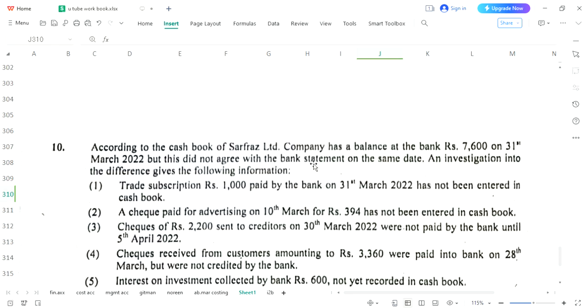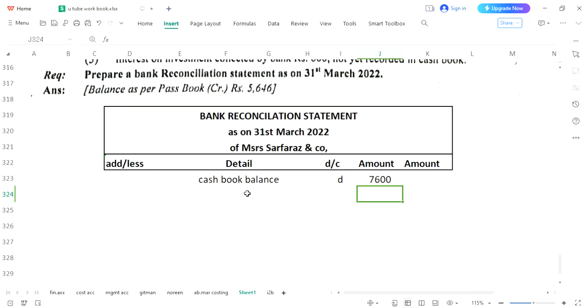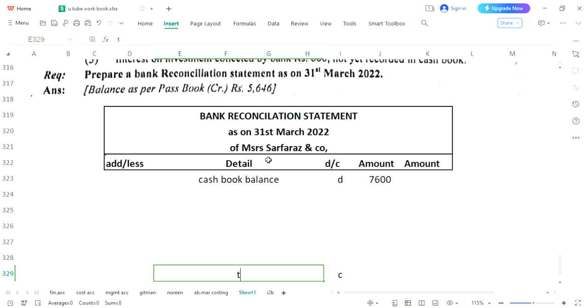Now after that, trade subscription paid by bank. It means the bank is paying on your behalf, so the amount present in your bank account would be decreased. Decrease in bank account would be credited. So here we will post with little space credit, and write trade subscription paid by bank. Here is the detail.